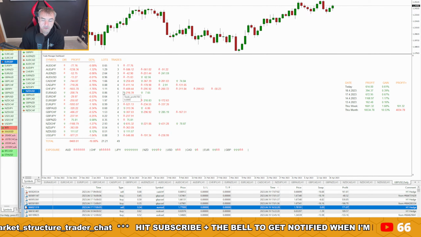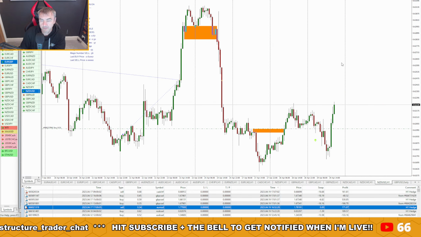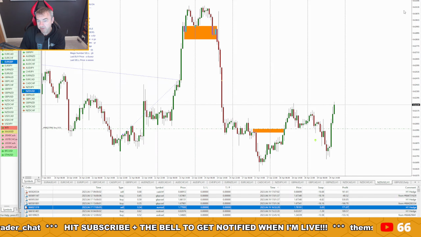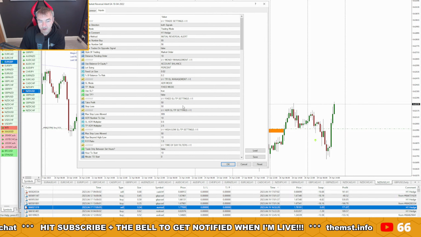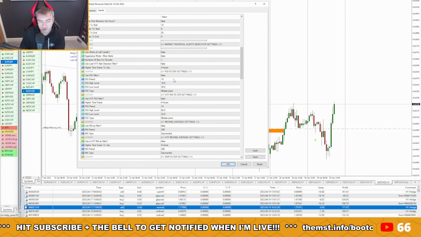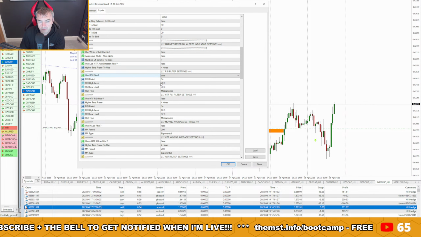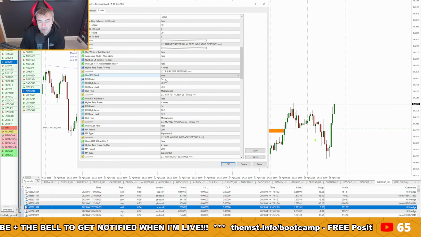The way you can improve this, and again, this is probably worth a test, is you can use a filter on it. Just use the RSI filter on the current time frame, which is the hourly.